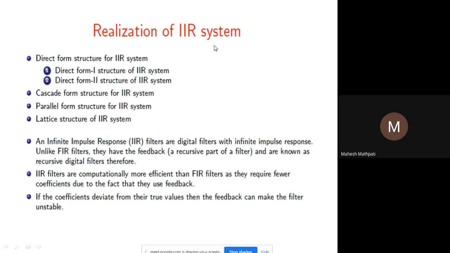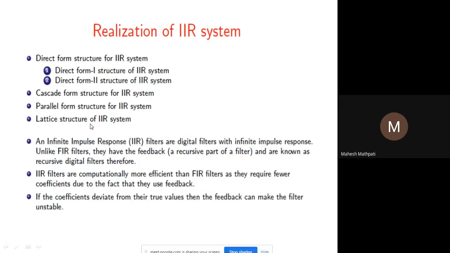First we will discuss the realization of IIR systems, and then we will go for FIR systems. In the realization of IIR filters, we have the direct form 1 structure, the direct form 2 structure, then the cascade form structure and the lattice structure.